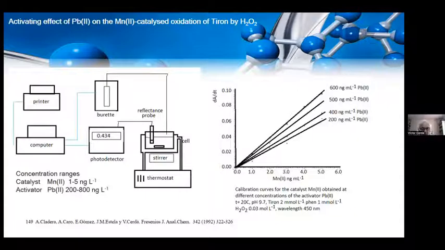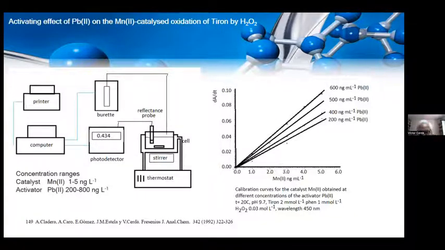We take different quantities of lead, and then we can build this calibration curve where you can see the influence of the activator on the slope of the reaction catalyzed by manganese-2.